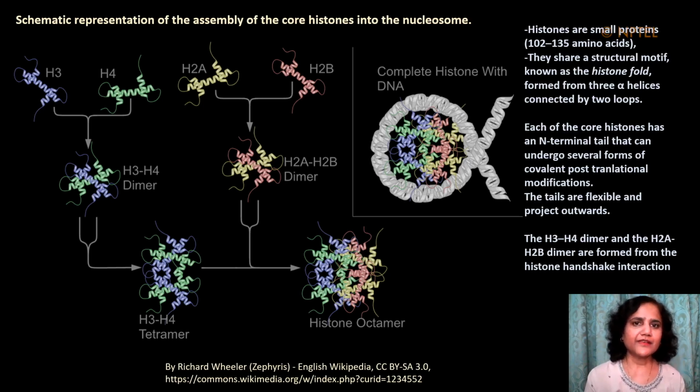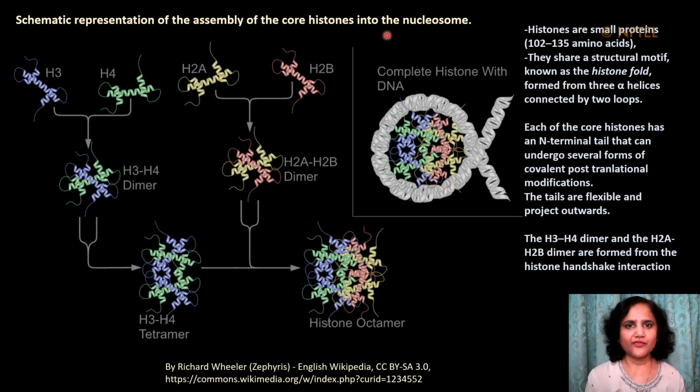Now here is a schematic representation of the assembly of core histones into the nucleosome. Histones here are shown: H3, H4, H2A and H2B. They are relatively small proteins, about 102 to 135 amino acids, and they share a common structural motif which is known as the histone fold.